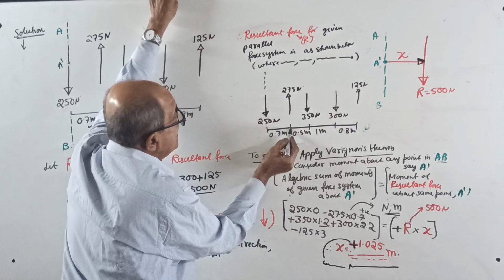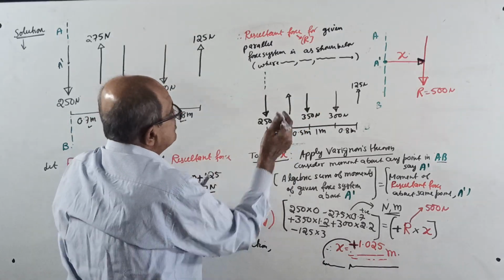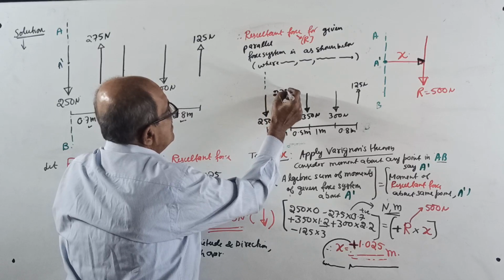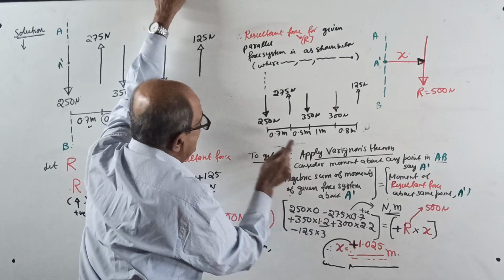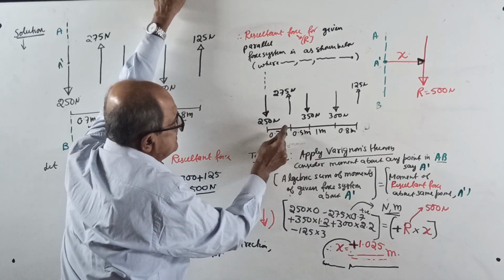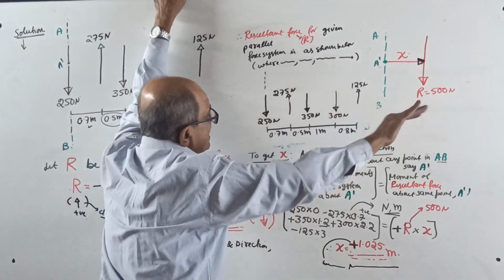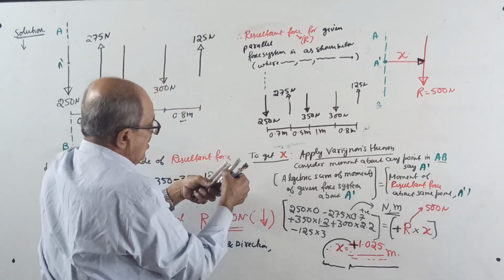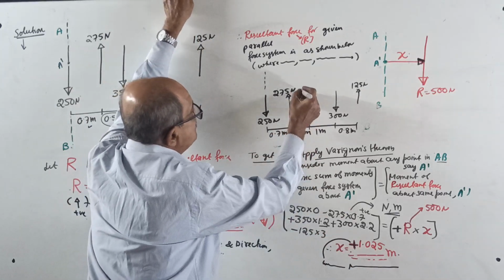This is 0.7, okay, 275 Newton. I took from here to the right side by 1.025. From here to here is 0.7 plus 0.5 is 1.2. So it is after 275 but before 350, and 1.025 is closer to this one.